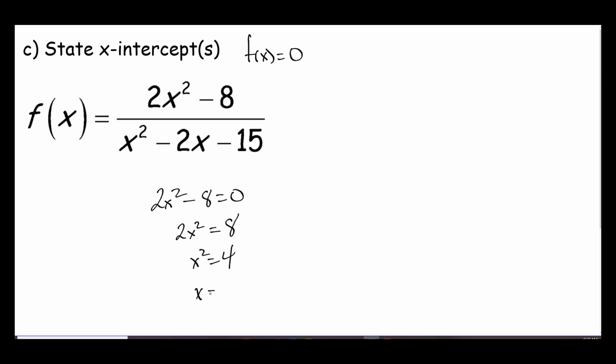Now remember, plus or minus 2 is your answer here. So that means we have two coordinates, 2, 0 or negative 2, 0. So we'll have two x-intercepts for this particular graph. So be careful and remember that as we move forward.